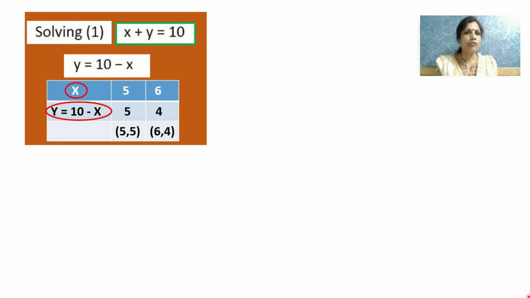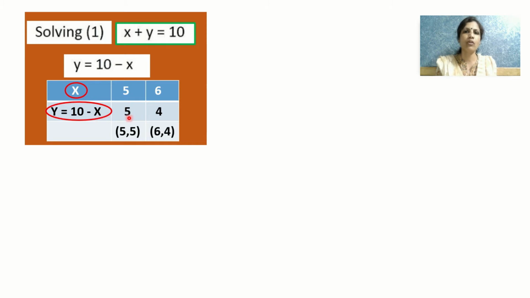Now in place of x, I can substitute values of my choice. You have a choice to substitute from 0, to negative numbers, to positive numbers, to integers, but substitute the values in such a manner that you will get proper coordinates. So we are substituting x is equal to 5, so we get y is equal to 5.